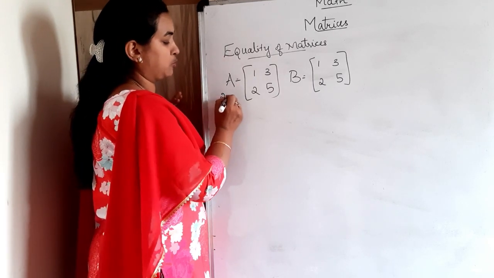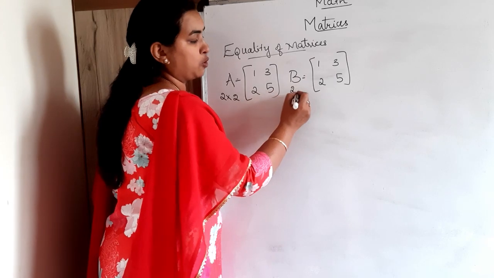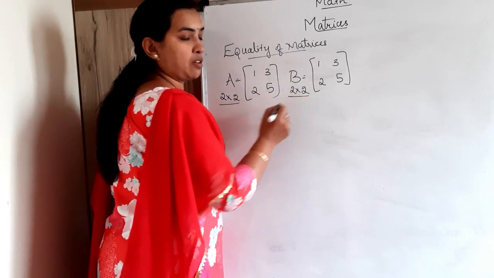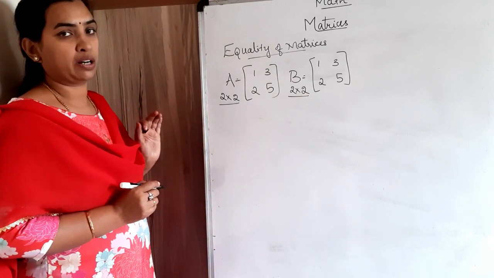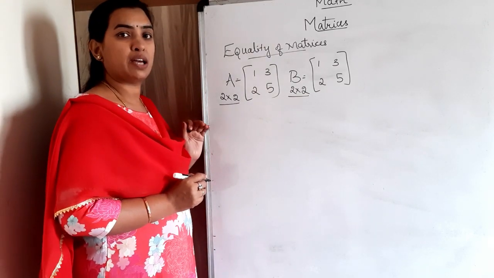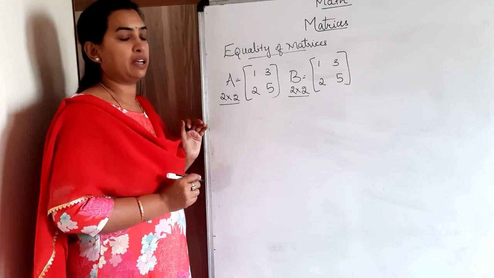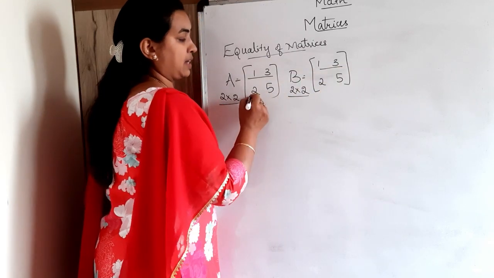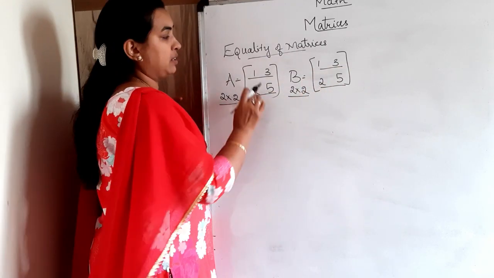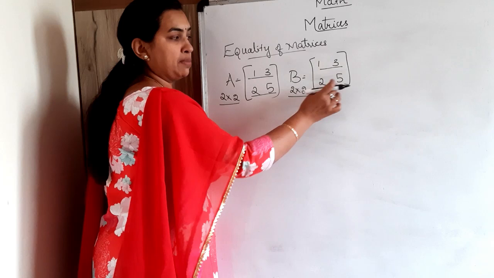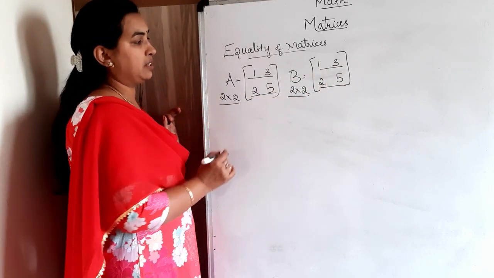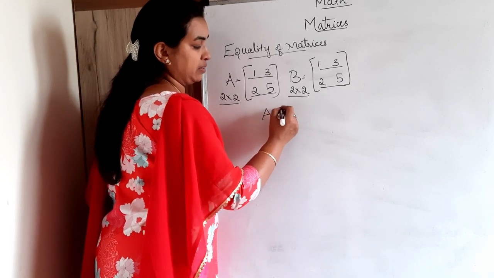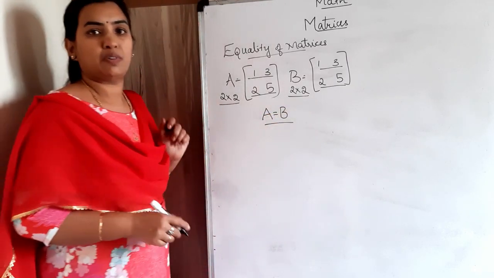This is a 2 cross 2 matrix. B is also of the order 2 cross 2. So these 2 matrices are of the same order and the corresponding elements must also be equal. Here the first row elements are 1, 3, and the second row elements are 2, 5. So the corresponding elements are also equal. Only then we say that these 2 matrices are equal.